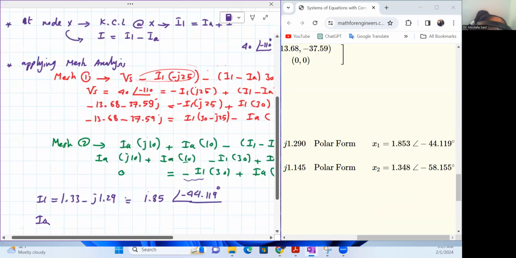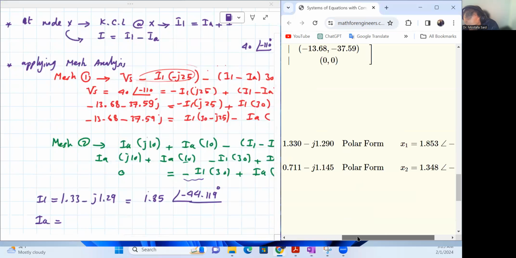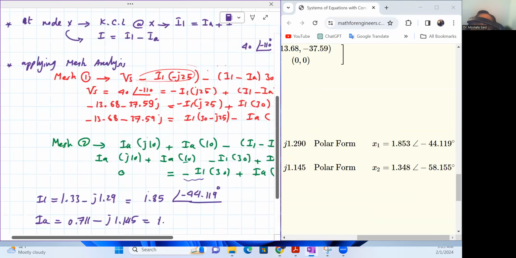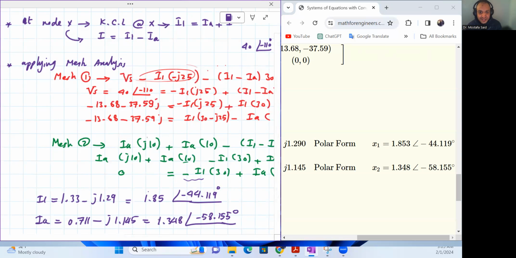Now IA, the second unknown, is known because we solved it. It is 0.711 minus J1.145 in rectangular. The polar form is 1.348 angle minus 58.155 degrees. This was part of the homework, so you might be looking at your solution now, and yes, it's correct.